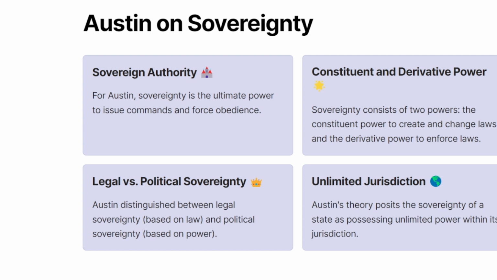So in this situation, Austin is distinguishing the differences between legal sovereignty and political sovereignty. Legal sovereignty is based on laws, like the ruler has made laws which everybody has to follow.